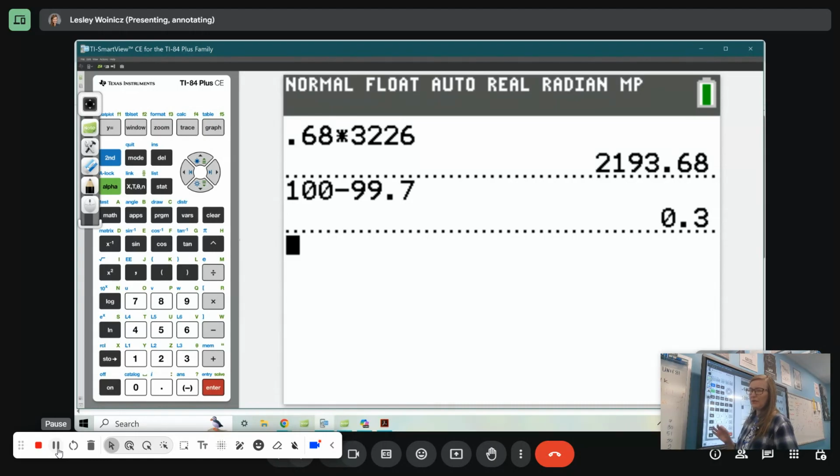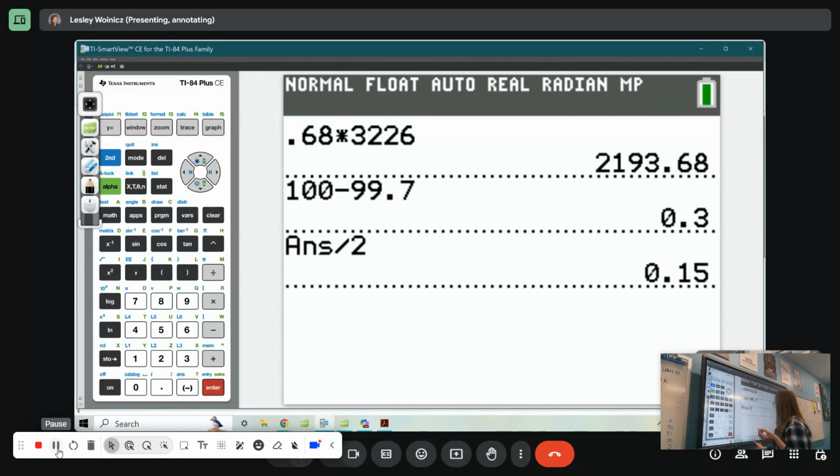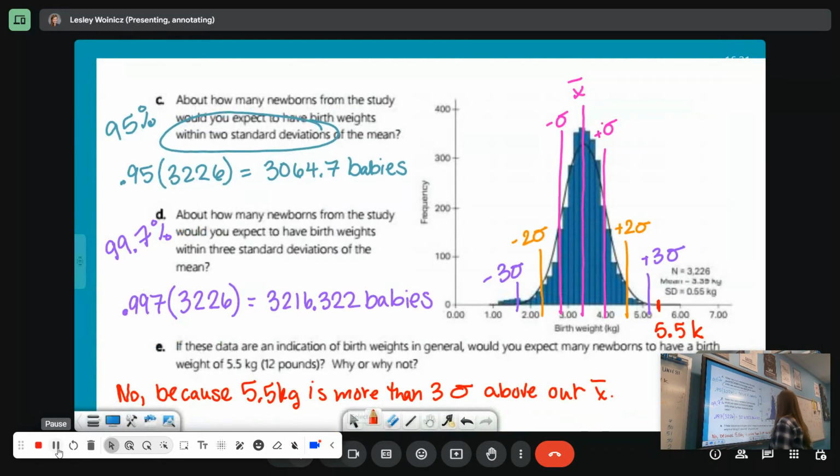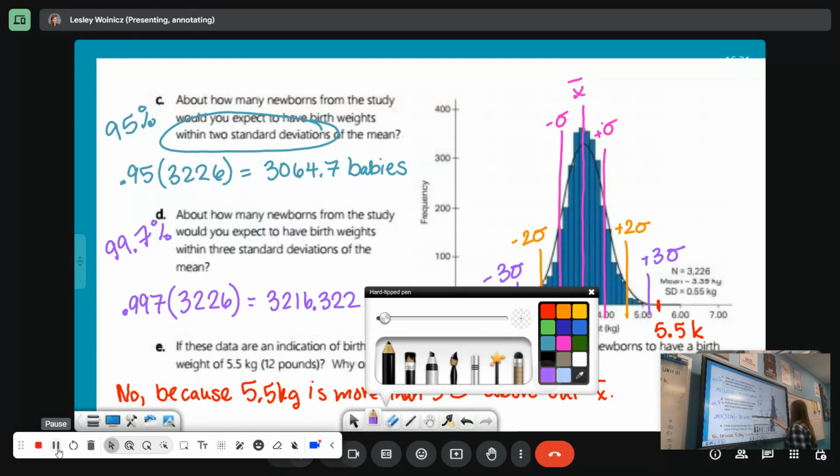Sorry, that's 0.3. That's 0.3% left. Now that's 0.3 for the top and the bottom, for the high end and the low end together. So half of the 0.3 goes on top and half goes on the bottom, we have to divide this in half. So it's 0.15%.